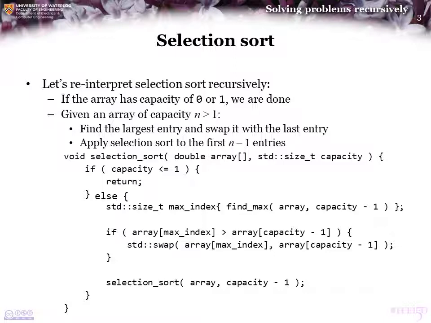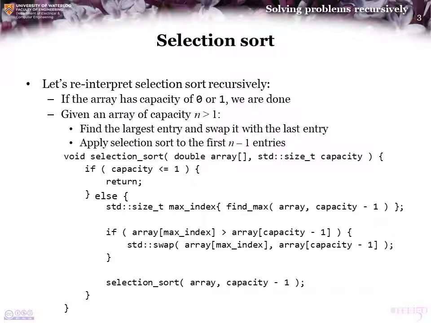So now we're only going to sort the first 2 entries. We then find the largest of the 2 entries, swap it with the second one, and then recursively call selection sort on the first entry.